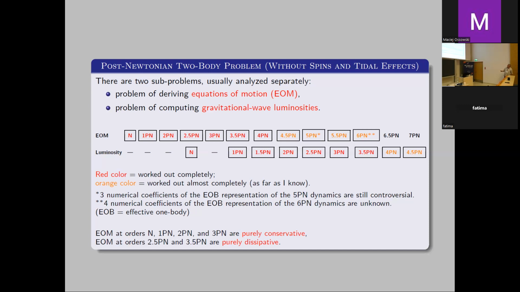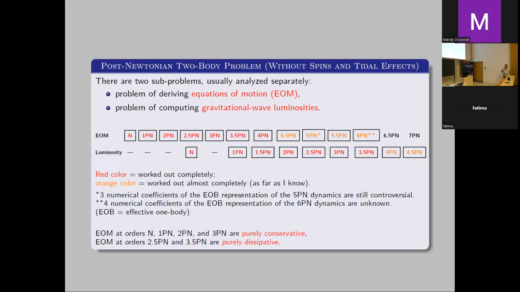What is in red is worked out completely. What is in orange color is worked out almost completely, as far as I know, for different reasons. Here, what is interesting to say is that the 5PN Hamiltonian is almost ready, but there are some problems, and this problem is quite persistent. Namely, in the effective one-body representation, this is just some technical issue again.